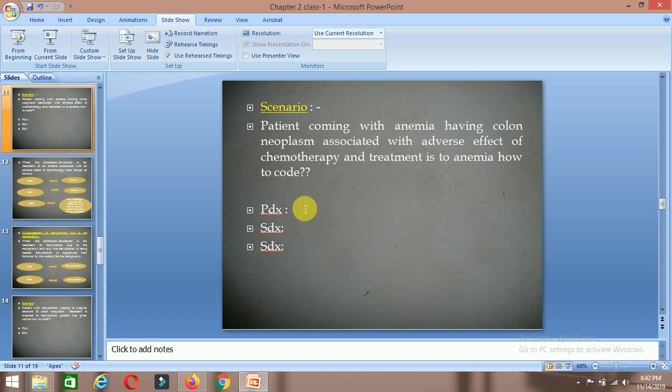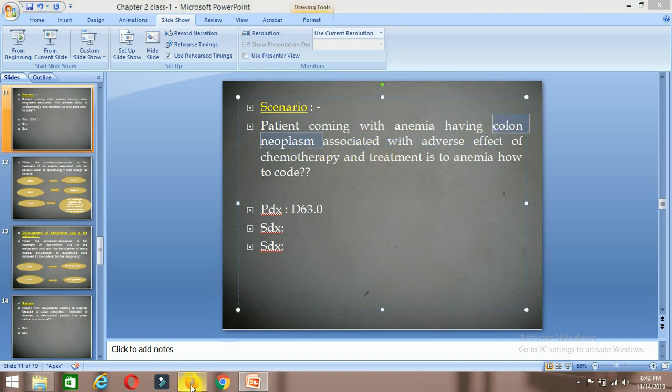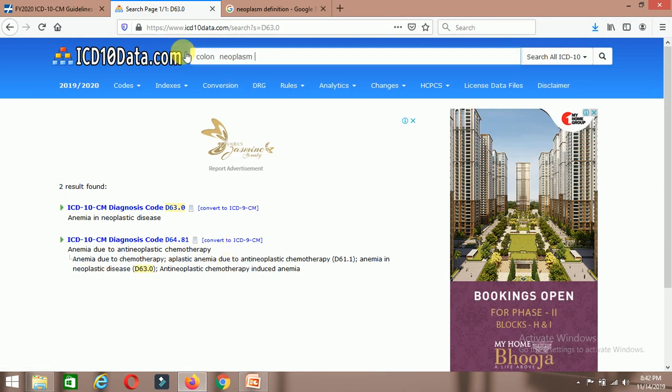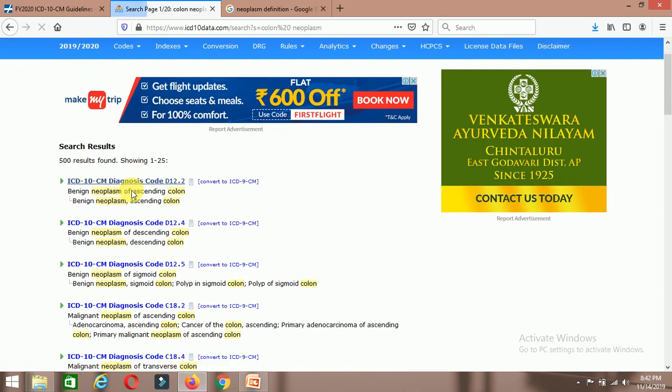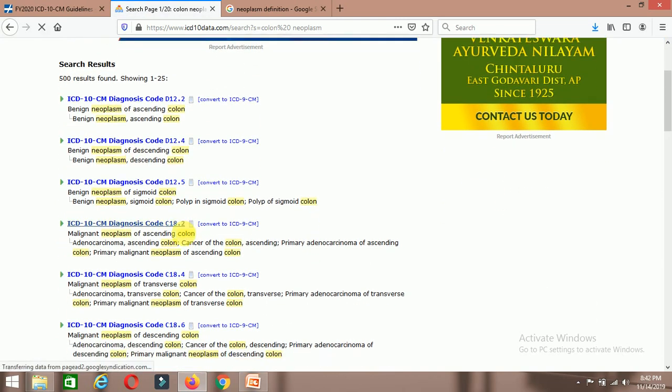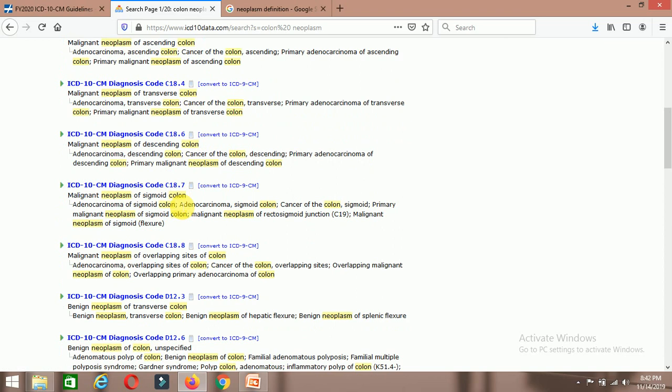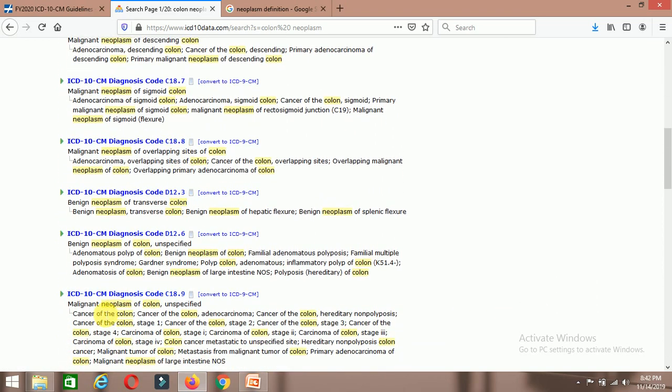As I have explained, first we have to give the anemia code, that is D63.0, that is anemia in the neoplastic disease, and then we have to give the neoplasm code, that is colon neoplasm. So what is the ICD for the colon neoplasm? We will see. It's nothing mentioned, so we have to give the unspecified, that is malignant neoplasm of the colon C18.9.